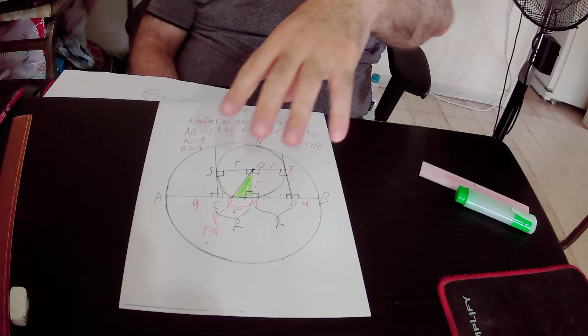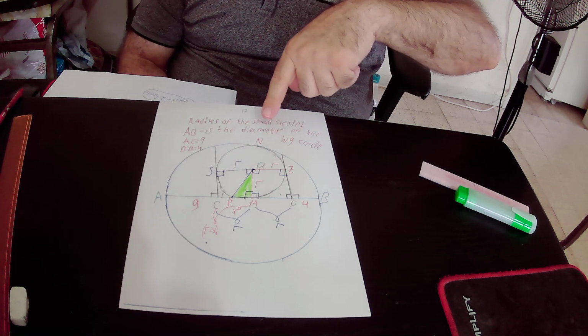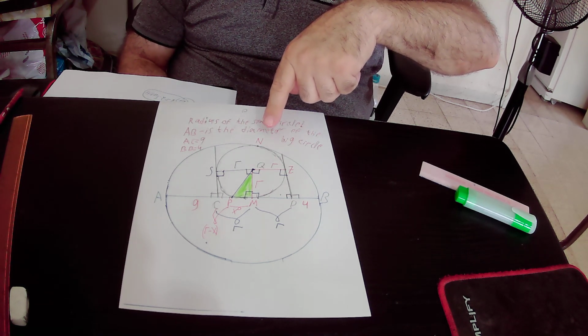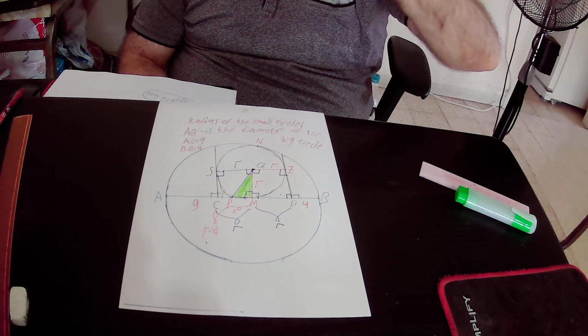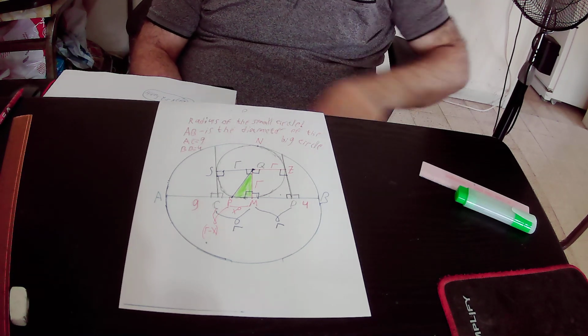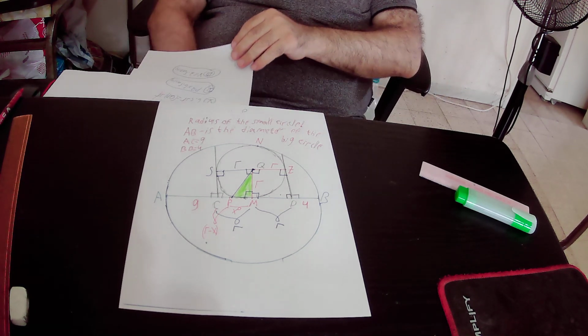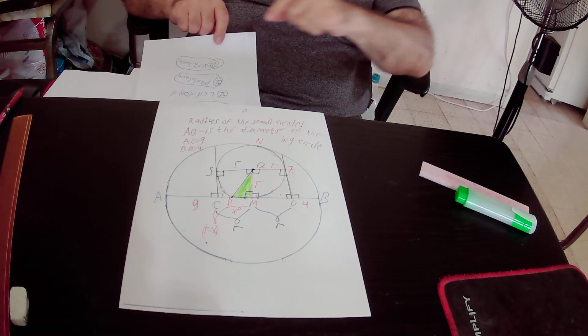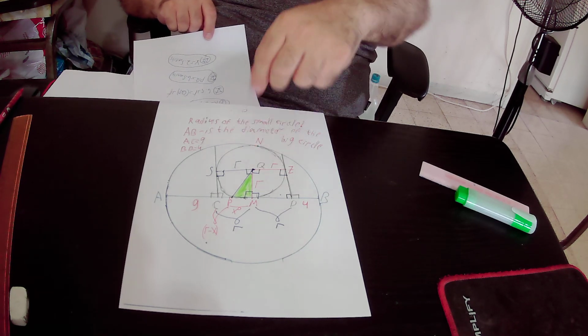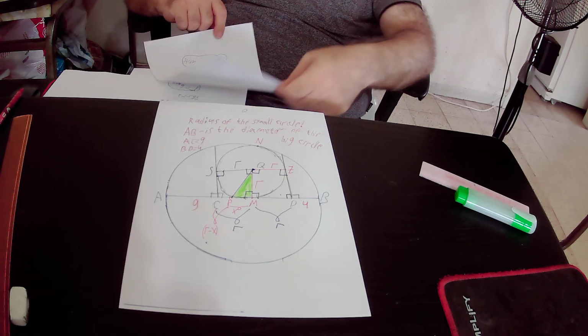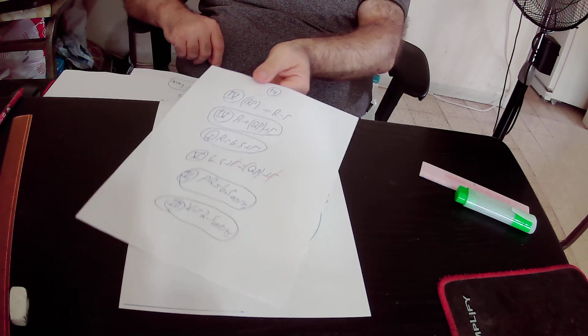Okay, so we implemented rule number 5 in our two circles. We have two circles that touch each other internally at point N. Therefore, according to rule number 5, the distance between their centers, this is QP, equals capital R minus small r.